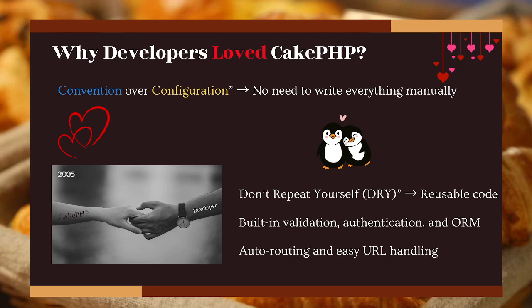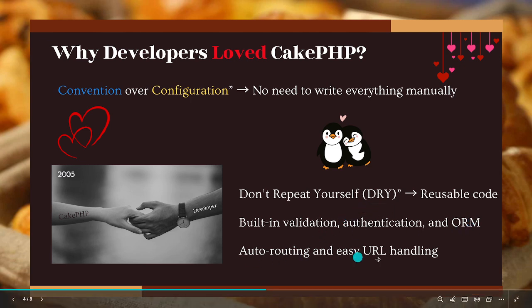You use objects in PHP, and that object deals with the model and the model with the database. So there is a relation between object and model in PHP, and that concept is also used in Laravel and many other frameworks. Then there is auto routing and easy URL handling.